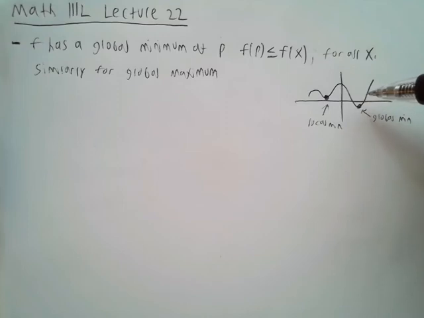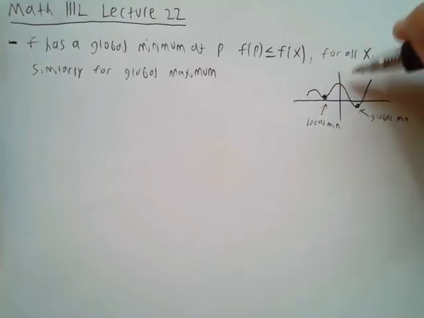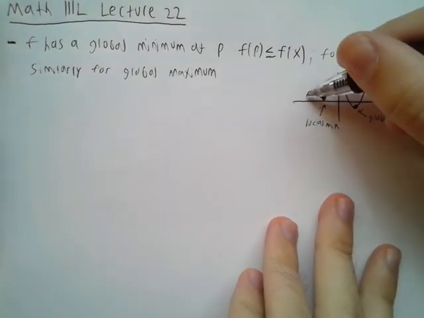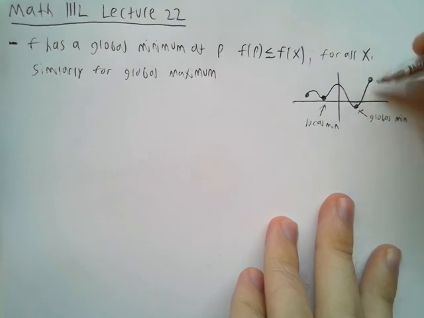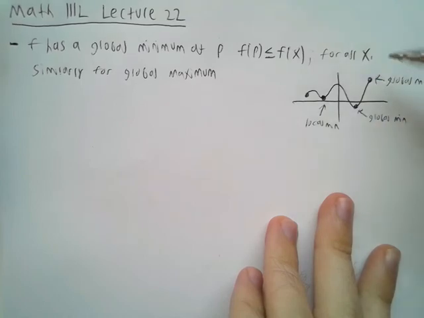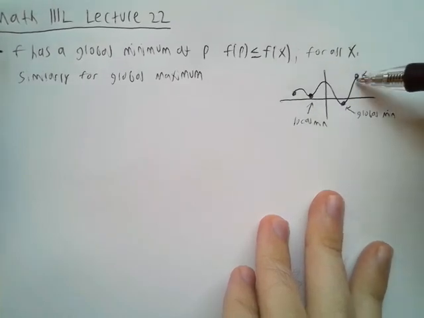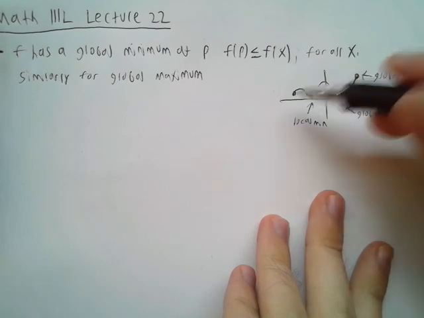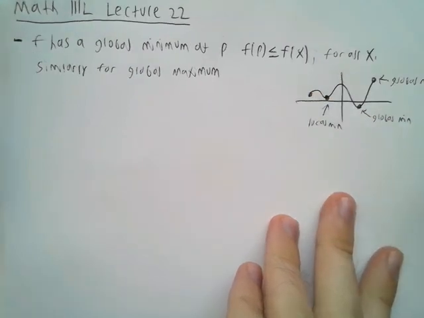The candidate points for a global extremum are the local extreme values in addition to any endpoints of the interval. So for example, in this graph, the global max would actually occur over here, which is not a critical point, but it is an endpoint of the domain of the function as I've drawn it.